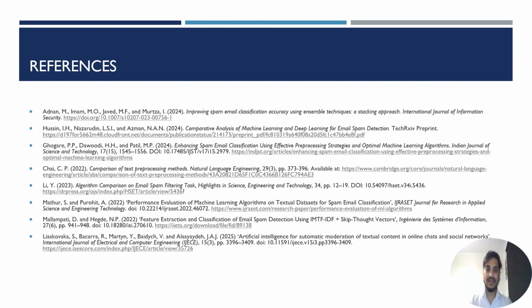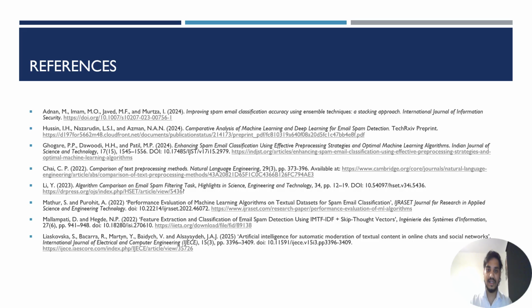To finalize the references for this project, I focused on sourcing recent, credible and peer-reviewed studies published between 2022 and 2025, selecting papers that directly relate to email spam detection, machine learning algorithms, pre-processing techniques, and evaluation methods.